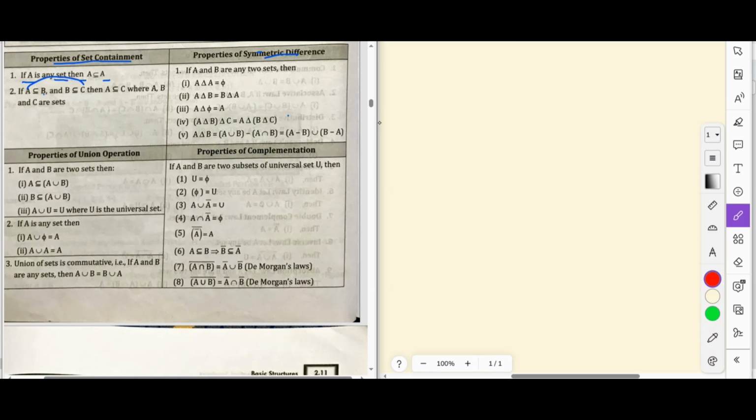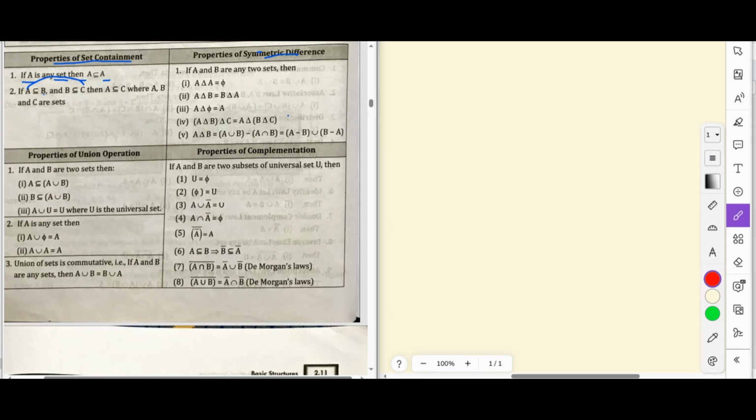Then you have properties of union: if A and B are two sets, then A is a subset of or equal to A union B, and B is a subset of or equal to A union B. Then A union the universal set will always be the universal set. If A is any set, then A union the empty set will be A, and A union A will be A itself.